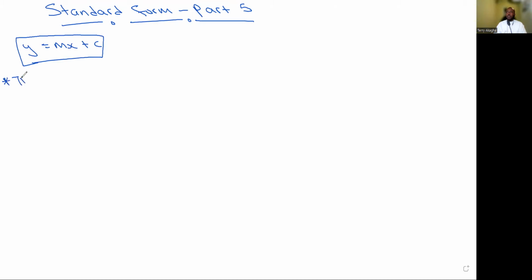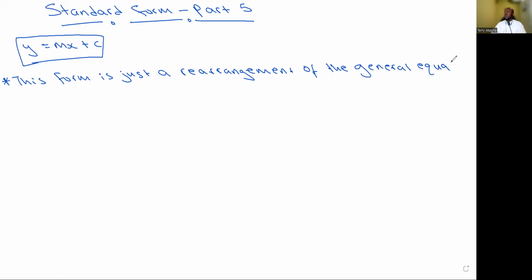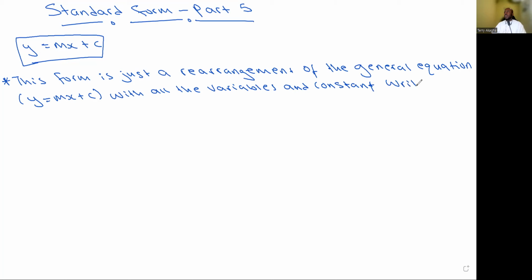So basically, this form is just a rearrangement of the general equation y equals mx plus c, with all the variables and constants written on the other side of the equation.